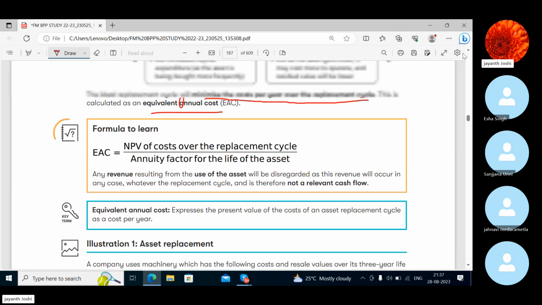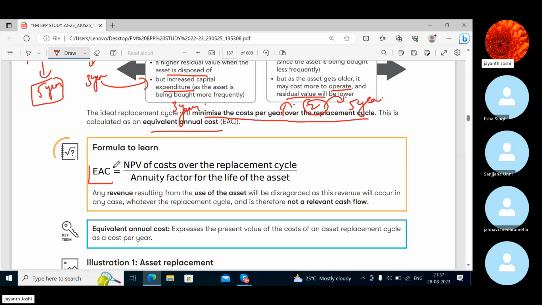So what is the formula for EAC, the equivalent annual cost? First, NPV of costs over the replacement cycle. NPV is present value of cash inflows minus present value of cash outflows.